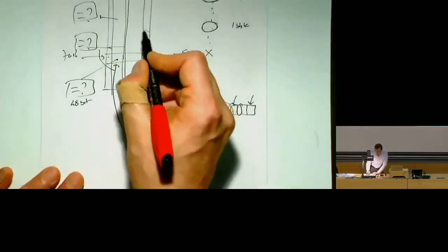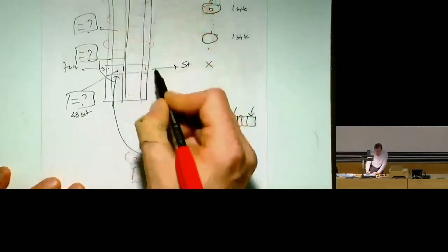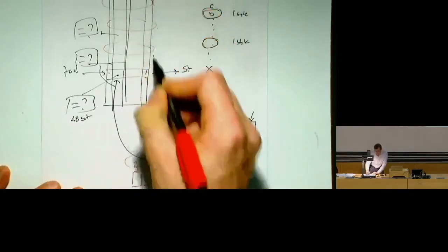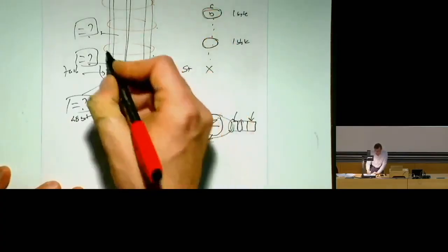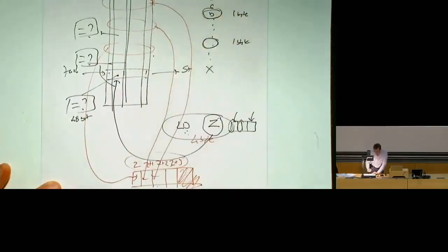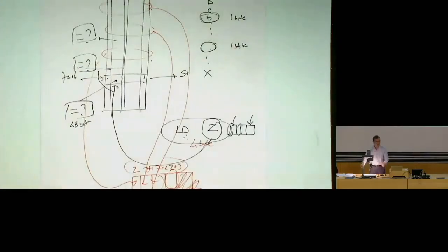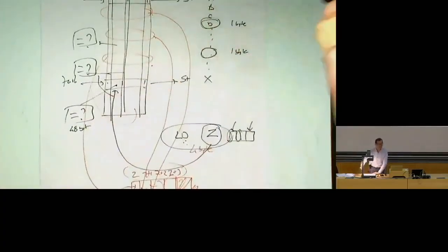You need to be able to ensure that you find all of the latest writers to each of these locations. Now, you may be able to find one that's writing here, another that's writing here, another that's writing here. Okay, 3 stores are writing here. Where do you get the 4th one from? Well, now you need to access memory for that, because there's no load store that's writing to that one. So to be able to get your data value, you need to search this, and you also need to access memory. That's why this is one of the most complicated parts.